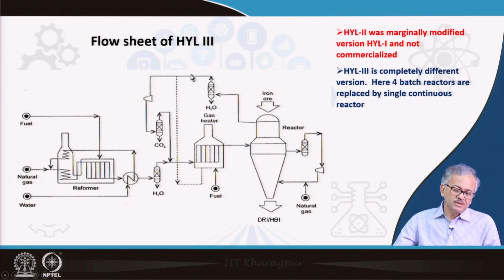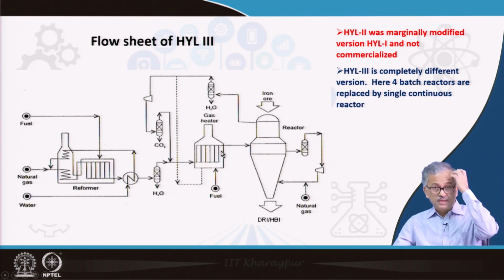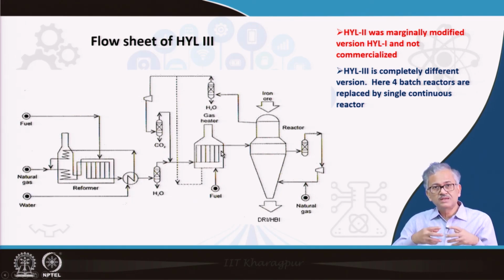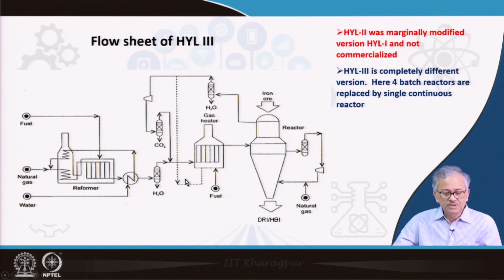So here also you can give oil, and then after that this goes to the main reactor. And also the off gas, after taking out the moisture, after making it dry and clean, is used for supplying the energy to the reform gas preheater.